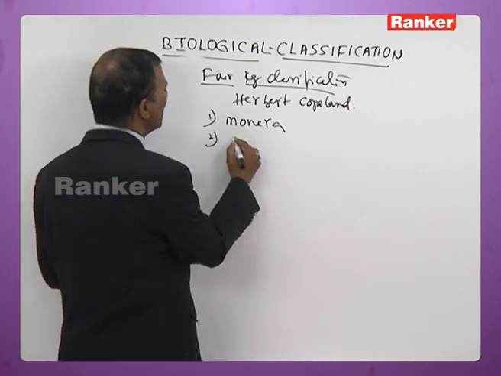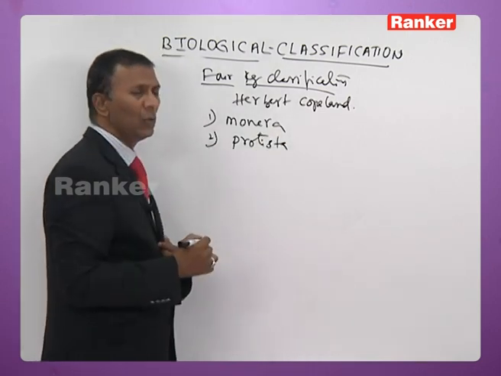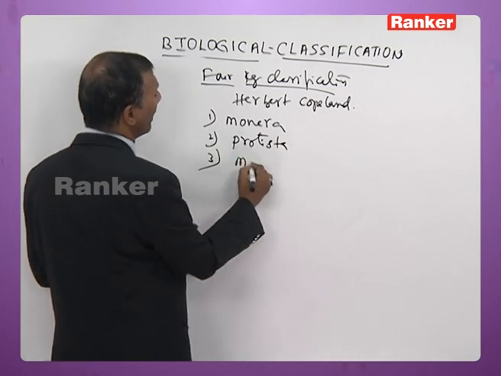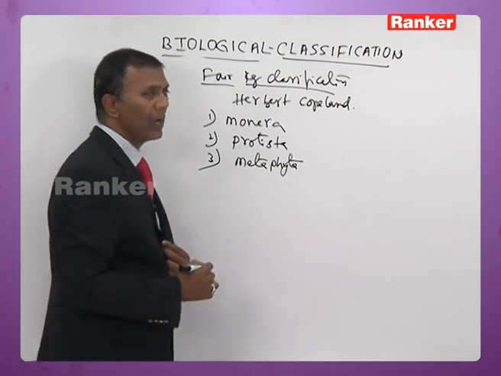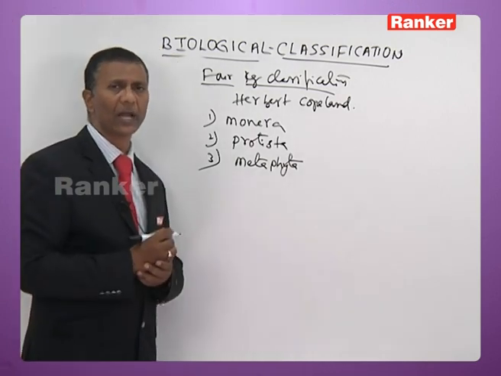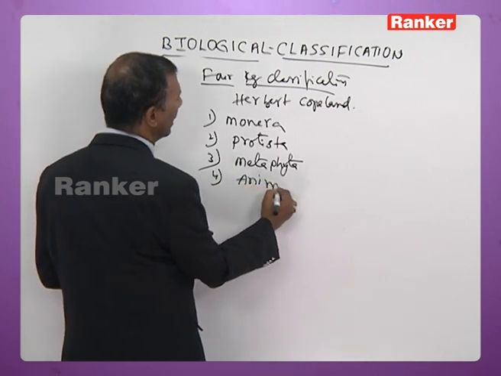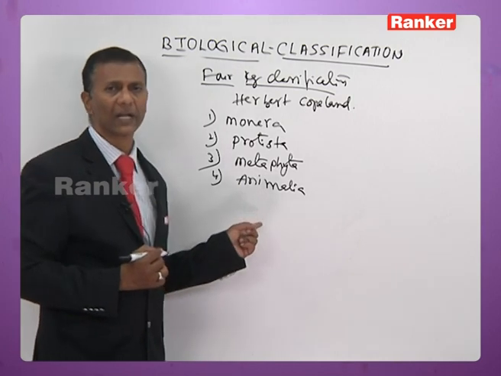The next is Protista. He placed all unicellular eukaryotes under this. The next is Metaphyta. He placed all multicellular autotrophs under Metaphyta. Next is Animalia. He placed all multicellular heterotrophs under this.